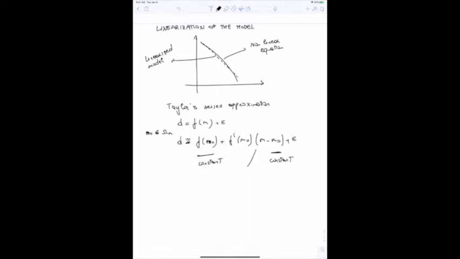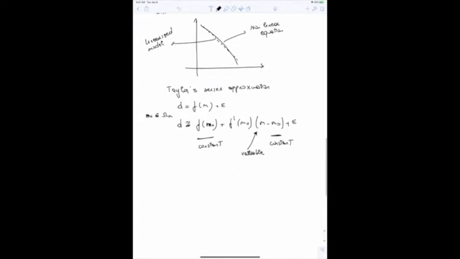So the variable m here is our model variable. So we just rearrange the terms, this is equal to f of m0 plus f prime of m0 times m minus f prime of m0 times m0 plus epsilon.